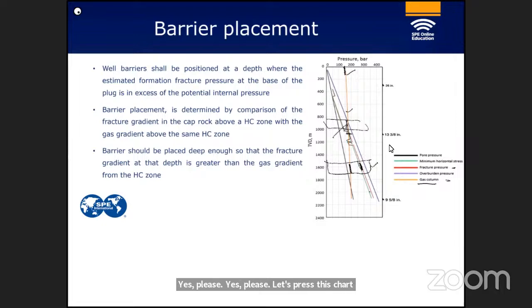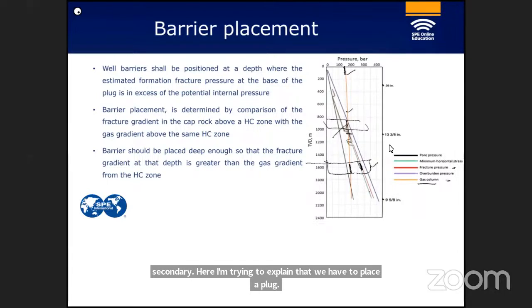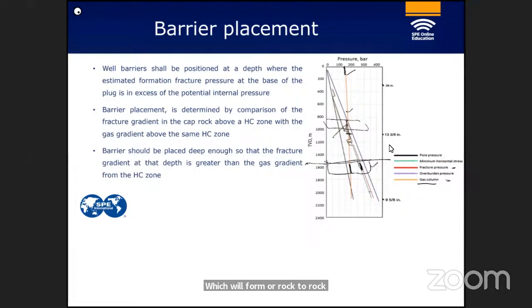Ah, okay. So mud weight. Remember, we are in the P&A stage. We have removed all the internal tubings. We are now placing the plugs. We are deciding on the position of the plugs, which are the cement plugs as primary barrier and the secondary barrier. Here I am trying to explain that we have to place a plug which will form a rock to rock isolation. Suppose this is the wellbore and the rock is outside. So we have to place a plug where there is a competent formation, which I explained in the previous slide.